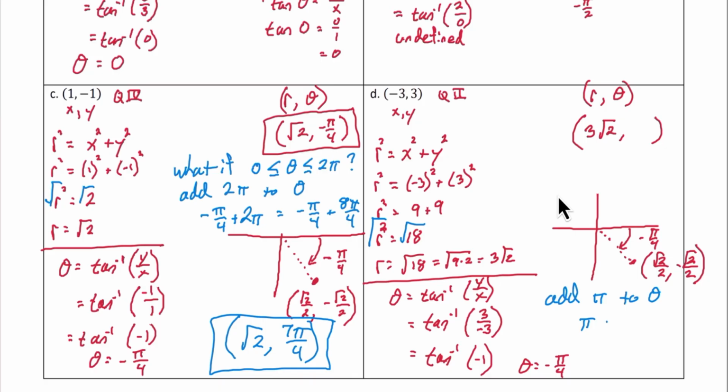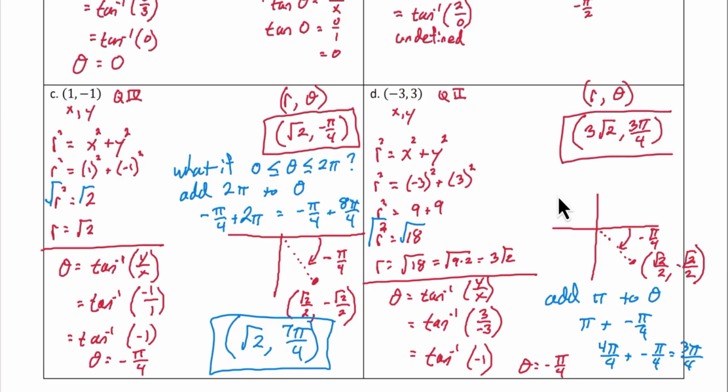So pi plus -π/4. That is 4 pi/4 plus -π/4. That will give us 3 pi/4. So the angle theta that we're looking for is 3 pi/4.